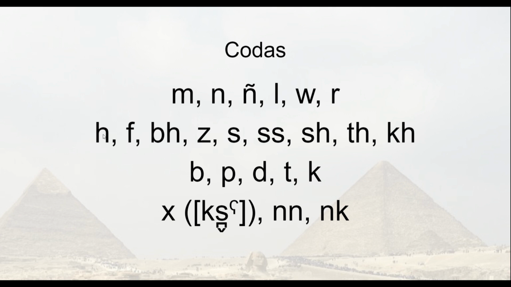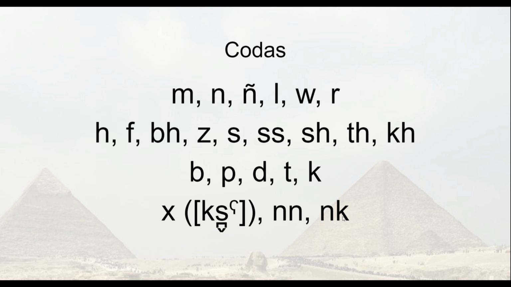Also, I've noticed that other syllables can also end with these. So h, f, z, s, sh, as well as these b, p, d, t, k, and all more rare, but I've also noticed that they can end with an x, and there's one word that ends with an n, which is just a prolonged version of and.